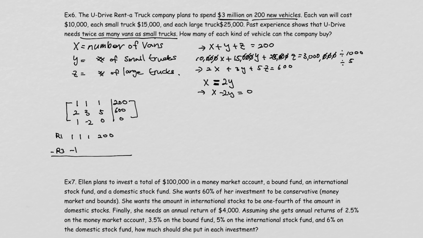That'll give you -1, +2, 0, 0. So that gives you 0, 3, and 1, 200. And then if you multiply the first row by -2, this is what you get, and add it into row 2, you get 0, 1, 3, 200.